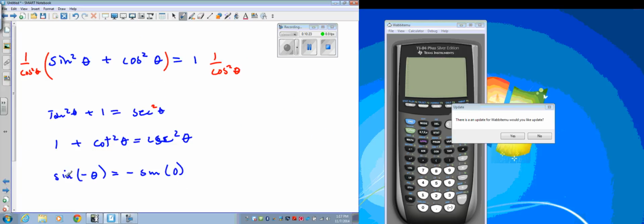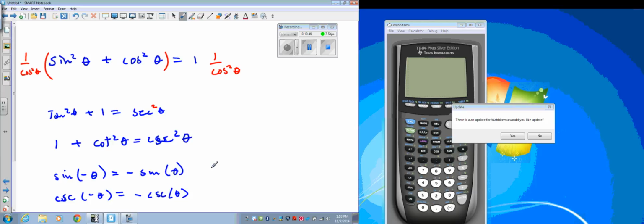Then what is cosecant? What is the inverse of sine? It's cosecant. So then cosecant of a negative equals a negative cosecant, because this is just the inverse of that, right? So this has to hold for it.